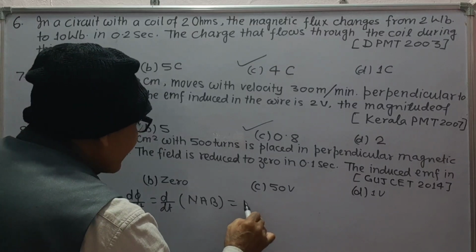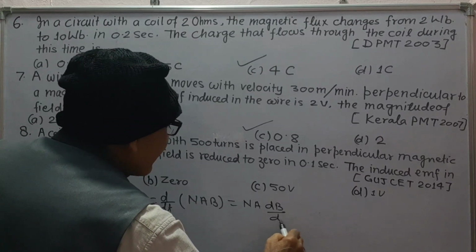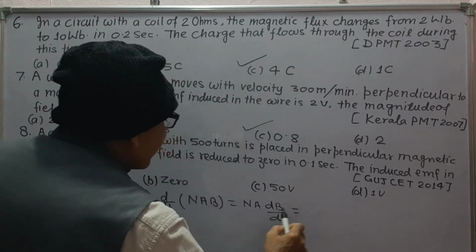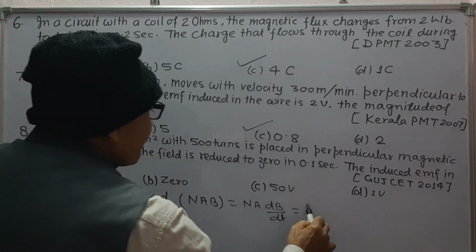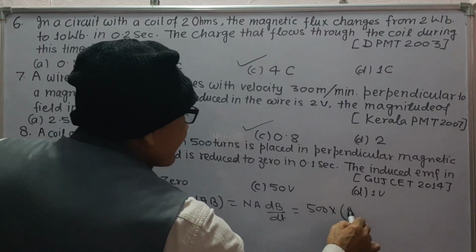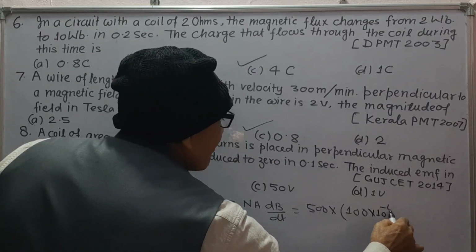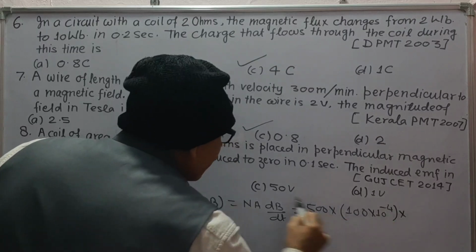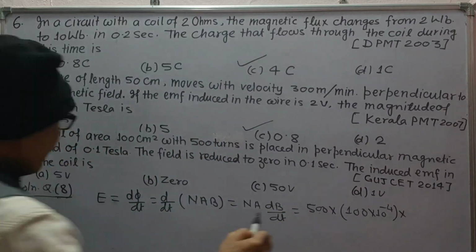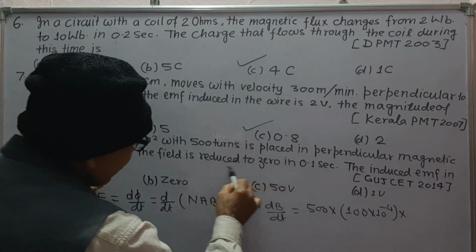So it may be written as n a dB upon dt, where n is 500 turns, a is 100 cm square means 100 into 10 to minus 4 meter square. dB upon dt is, initial field is 0.1 Tesla and final field is 0.